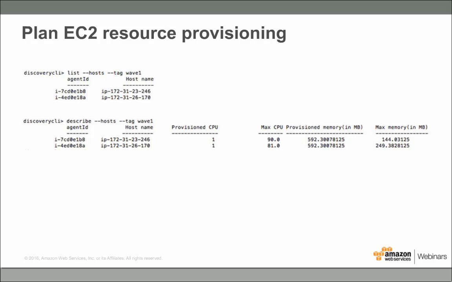And what I got back was an agent ID, a host name, how many CPUs, how much memory is provisioned versus utilized, and so on and so forth. And I can consume this output to right size or do an instance type matching for my AWS instance type. This will really assist me in executing the migration itself.